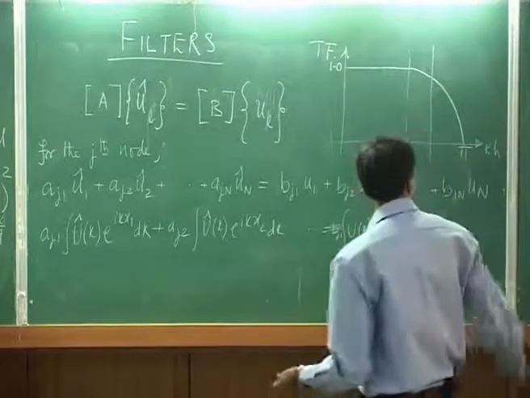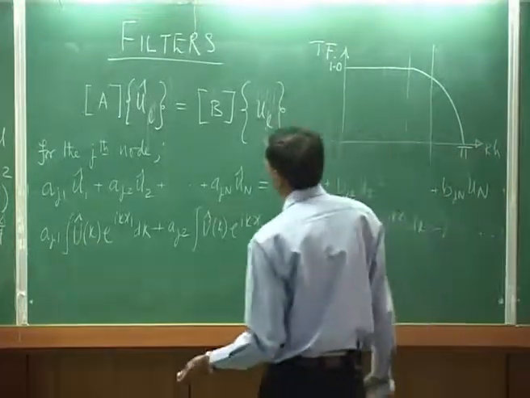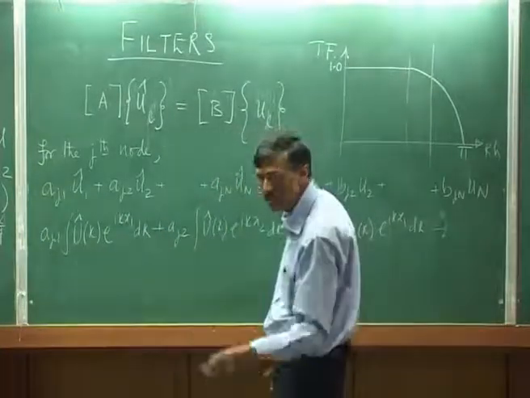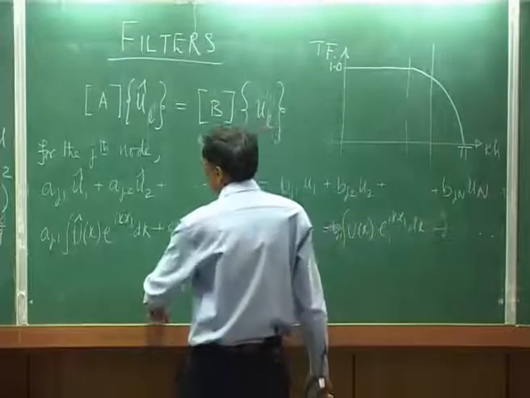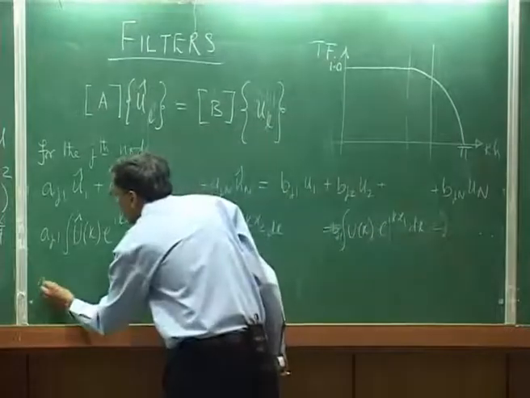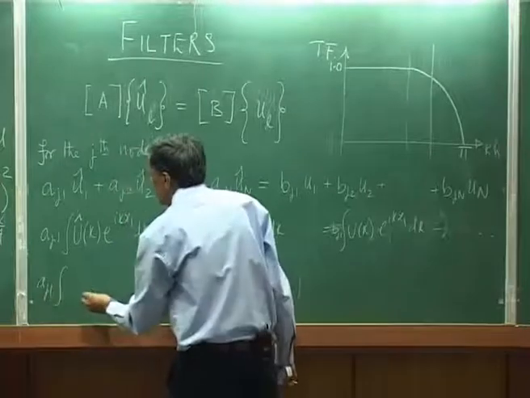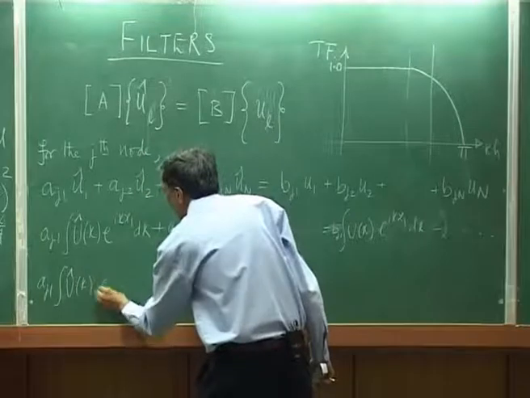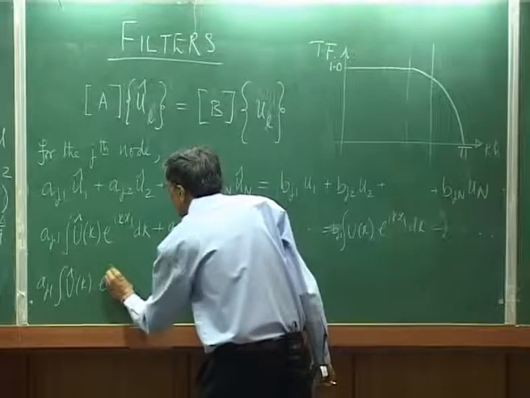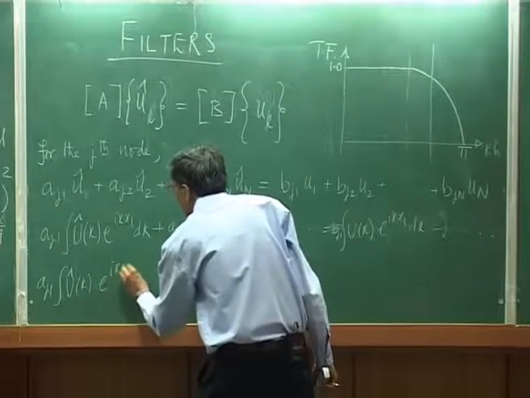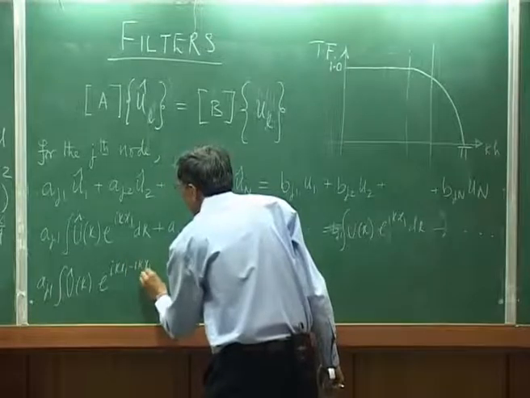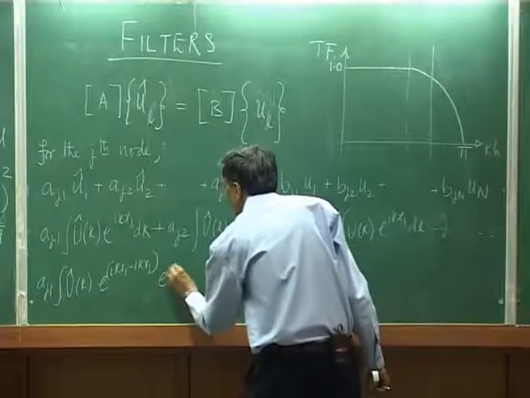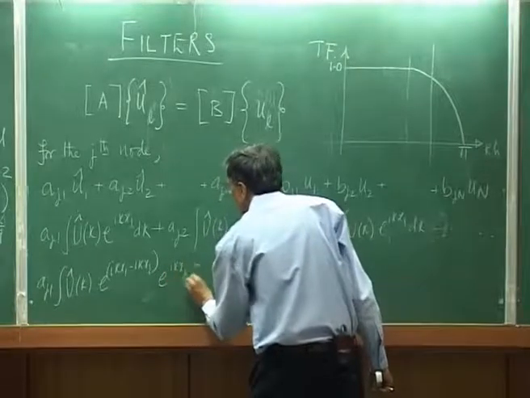So what I tried to do here is use the same idea of projecting this phase into the jth node phase. So we simply write u hat of k, and this I will write as e to the power I k x1 minus I k xj times e to the power I k xj dk.